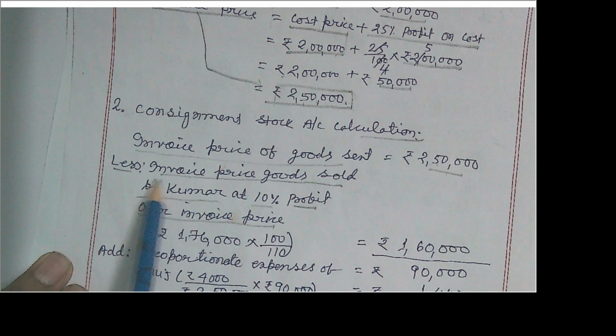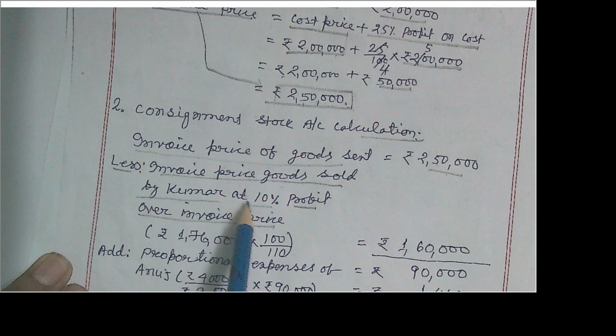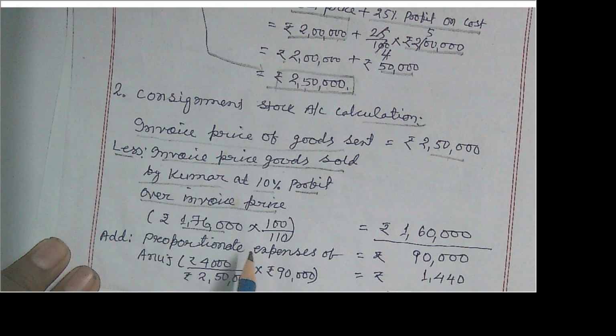Less: invoice price of goods sold by Kumar at 10% profit over invoice price. Now this 1,76,000 is the price after adding the 10% profit.